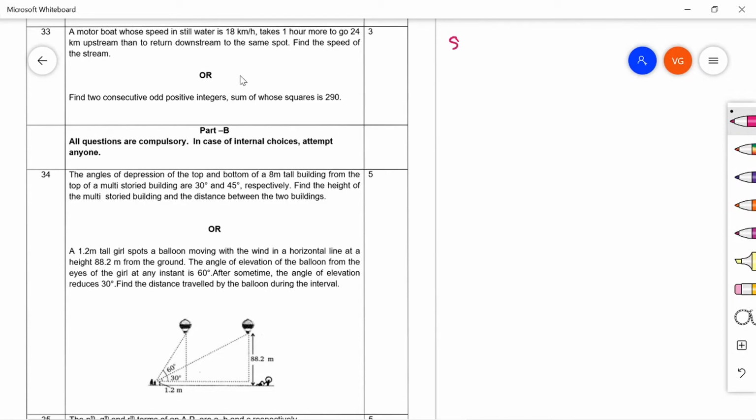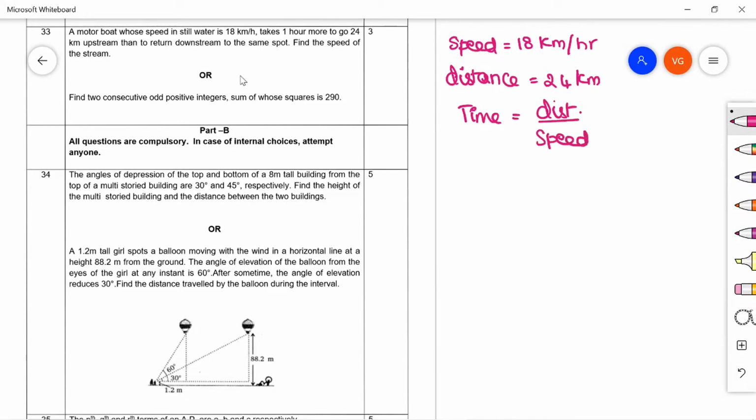They have given the speed here as 18 km per hour. And the distance upstream or downstream, both are reaching back to the same point. So the distance is equal to 24 km both ways. Up way it is 24 km, same as down way, 24 km. So we know time is nothing but distance by speed.